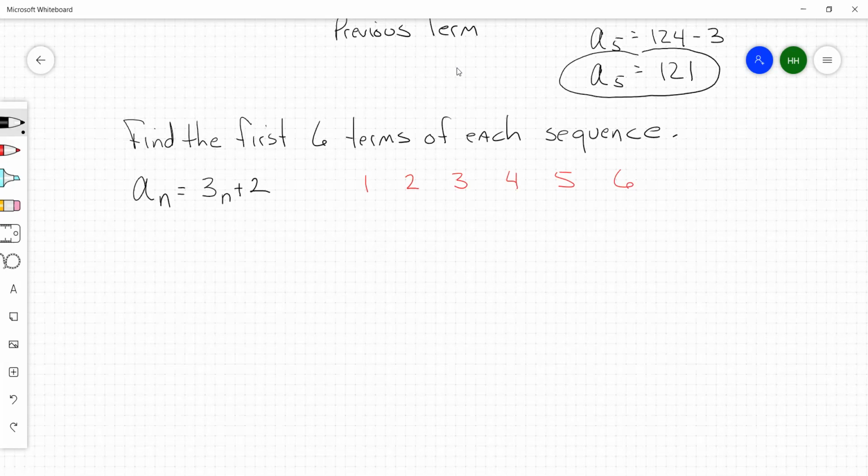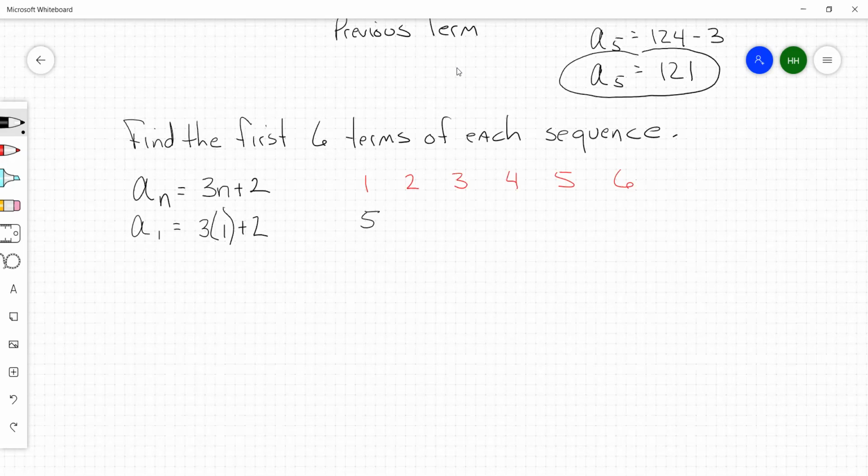Term 1, a sub 1. Our a sub 1 is equal to, guys, I'm sorry, this n is not in subscript. It's just in regular script right here. This is 3 times 1 plus 2. So our first term is going to be 3 times 1 is 3 plus 2 is 5.